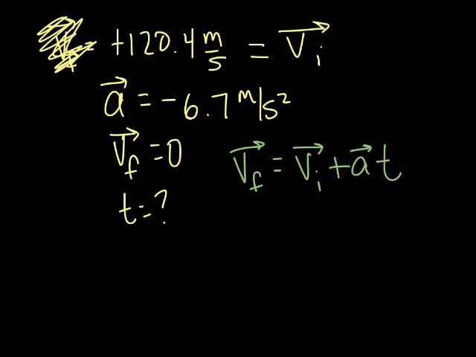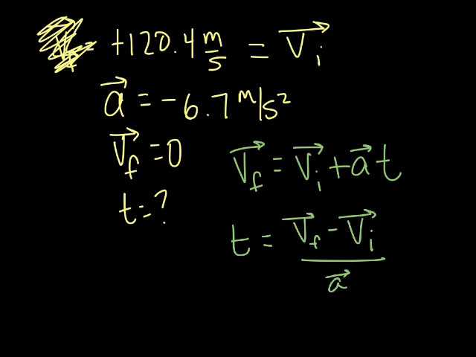And then your last one on this page did use the vector notation for the velocity. So you were given a velocity. When you rearranged, the time would have been final velocity minus initial velocity over acceleration.